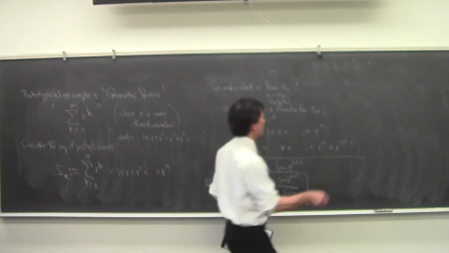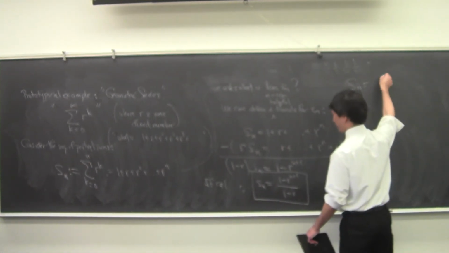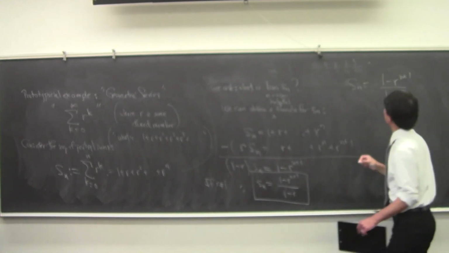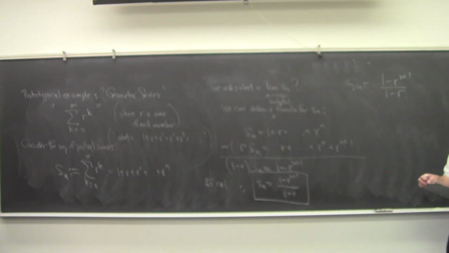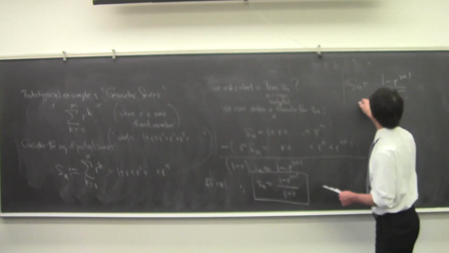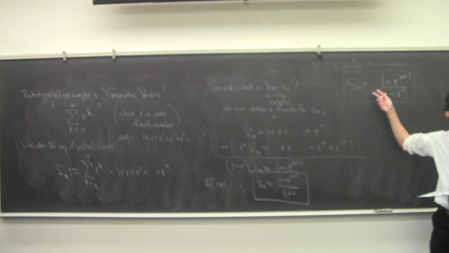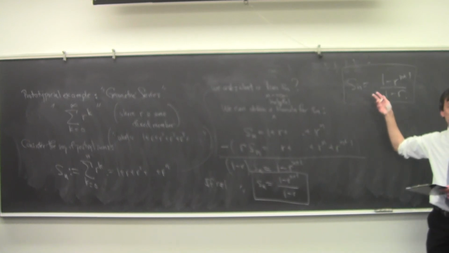Okay, and let me write that up here since maybe some people can't see it. 1 minus r to the n plus 1 over 1 minus r. So I obtained the formula for the nth term of the partial sum sequence.